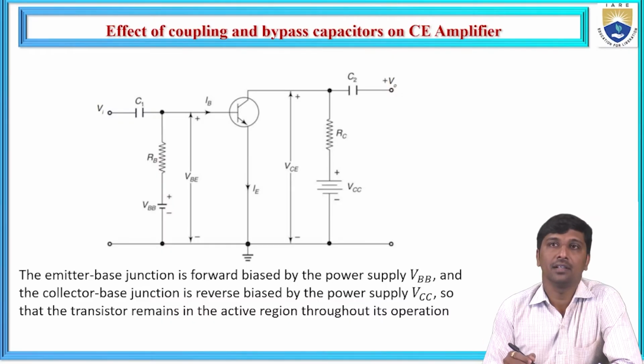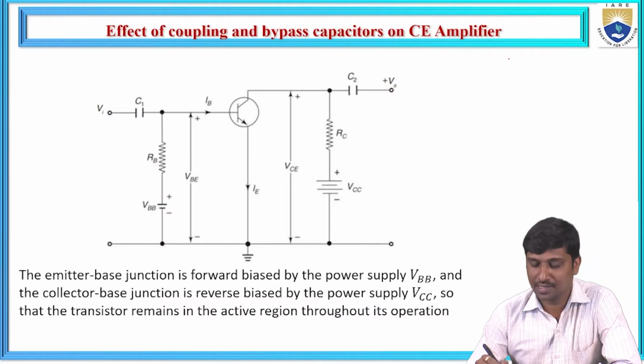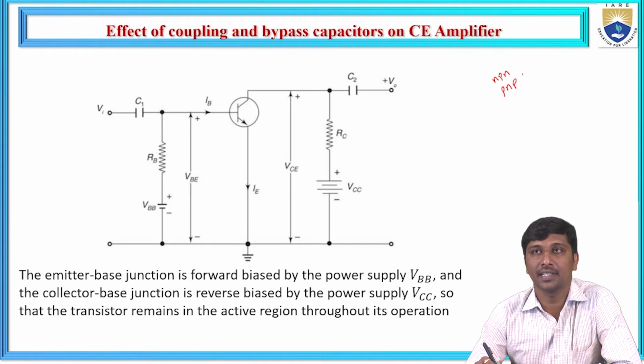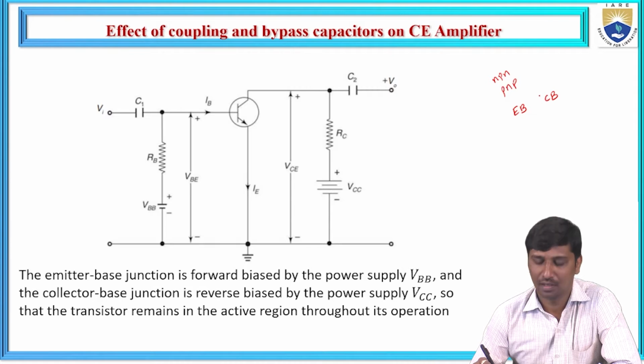Generally we have two types of transistors. One is the NPN transistor, another one is the PNP transistor. Based on the construction, we have two junctions: one is the emitter base junction, another one is the collector base junction.